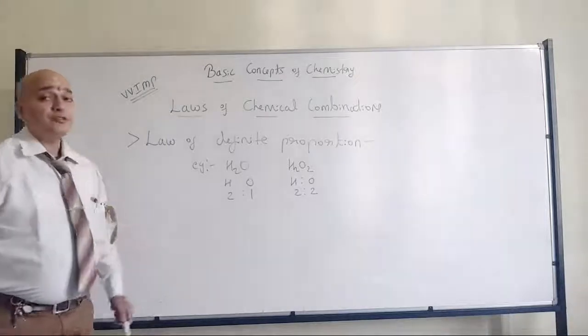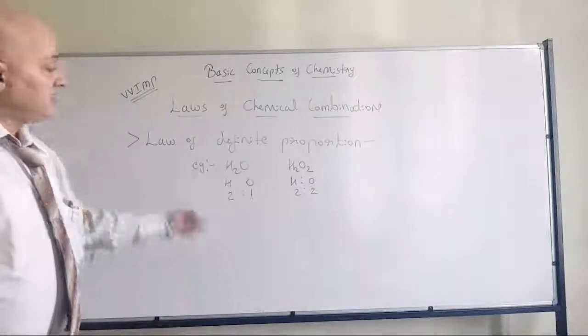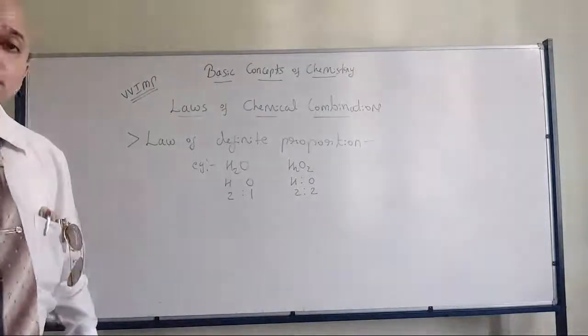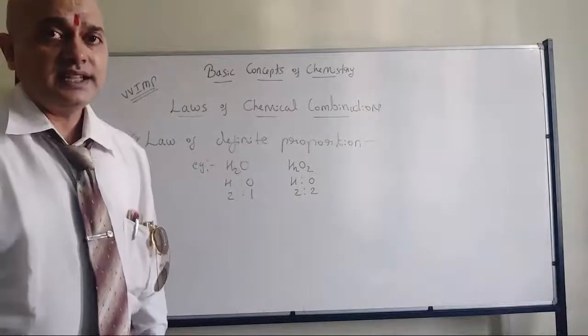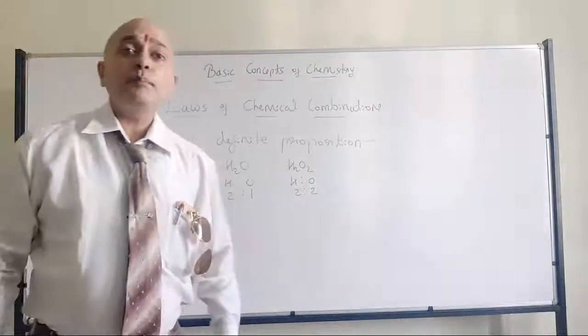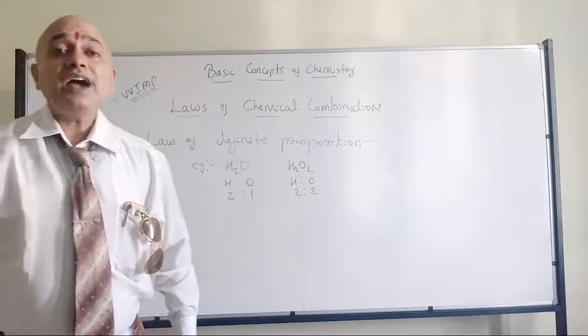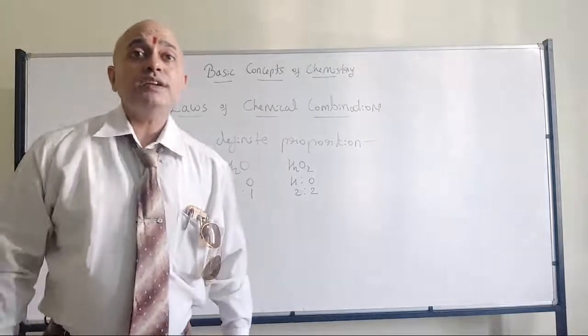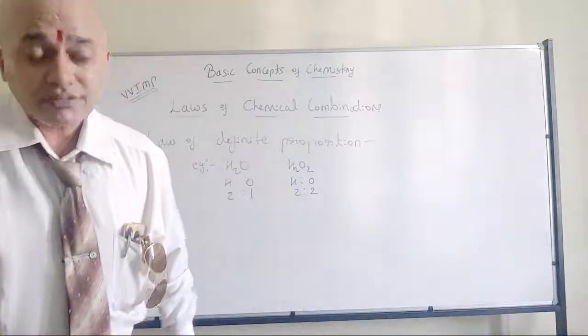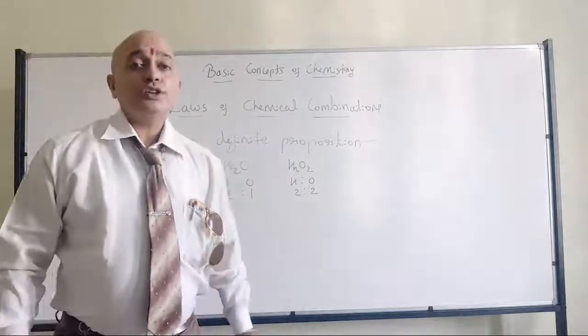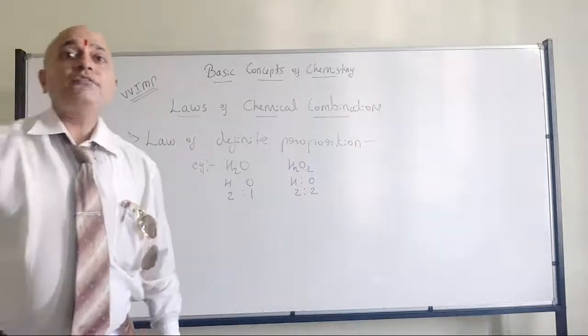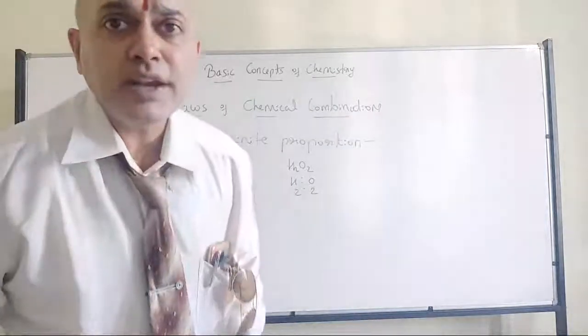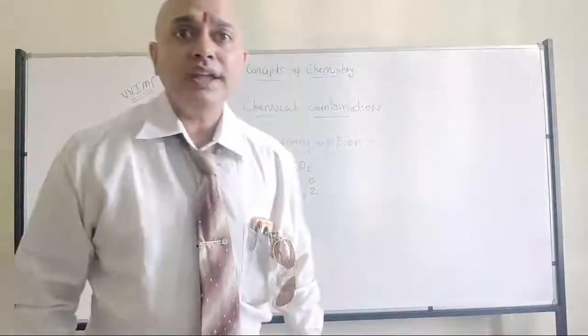So what I mean to tell here is, if I observe these examples, all the compounds in nature, whatever compounds are present, they have a definite proportion of elements by weight.